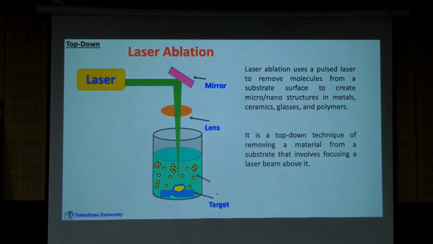So what happens so that this nanostructure is created? Similar kinds of incidents happen in thermal evaporation. In thermal evaporation, the particles start to evaporate from the target material in the vacuum medium. Here, liquid medium. And once the laser hits the target material, nanoparticles are created.